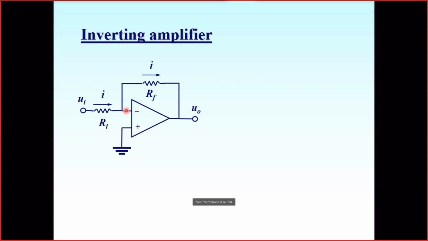The voltages on the non-inverting and inverting inputs should be equal. If the non-inverting input is always zero because it's connected to the ground, what will be the voltage here?